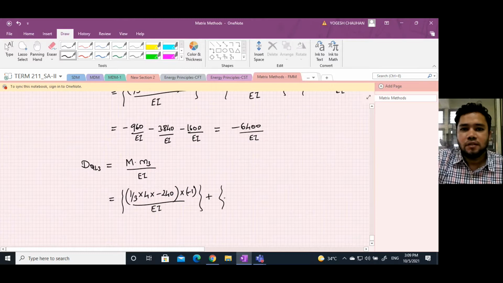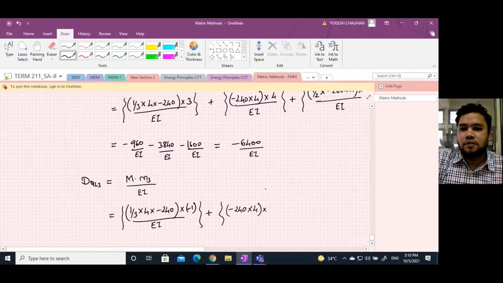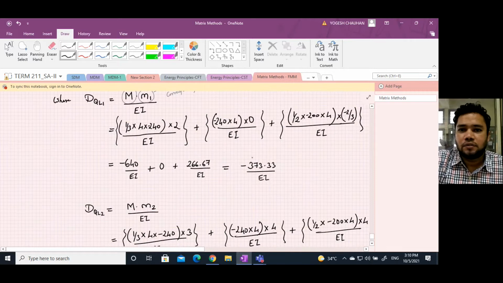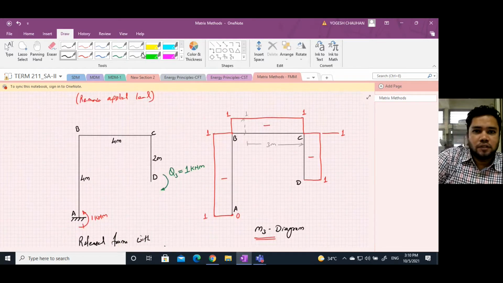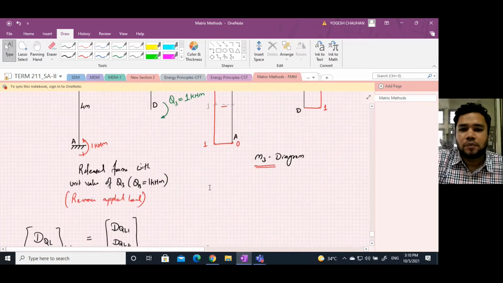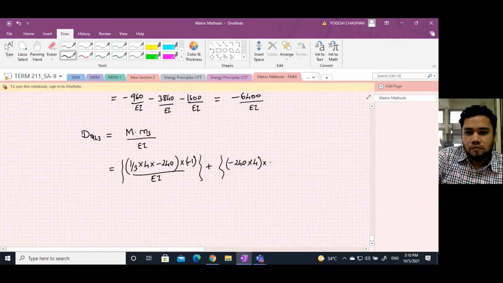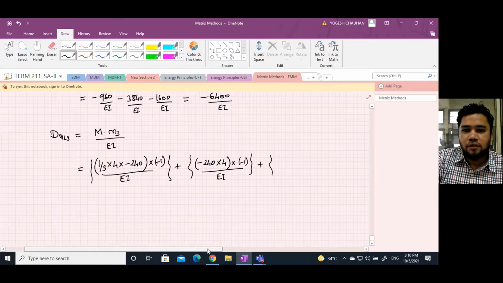plus the second diagram. It will be rectangular in shape, so minus 240 into 4 multiplied by the corresponding ordinate in the M3 diagram. For a rectangle, the CG is at the center. So at the center, the ordinate is again minus 1, so multiply it with minus 1 divided by EI plus the third shape, which is a triangle.